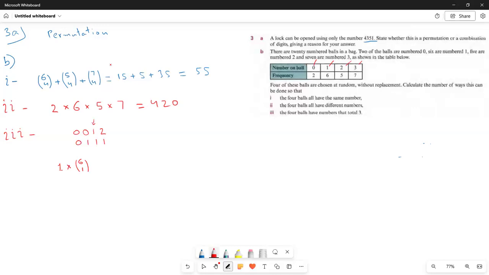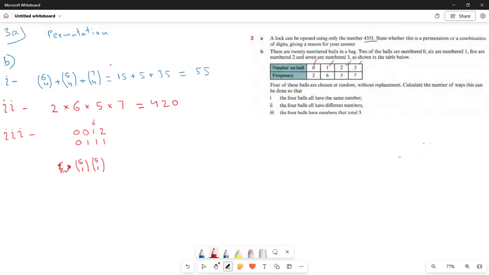In the same way, two is written on five balls, so getting one ball with two written on it, there are 5 combination 1 ways.